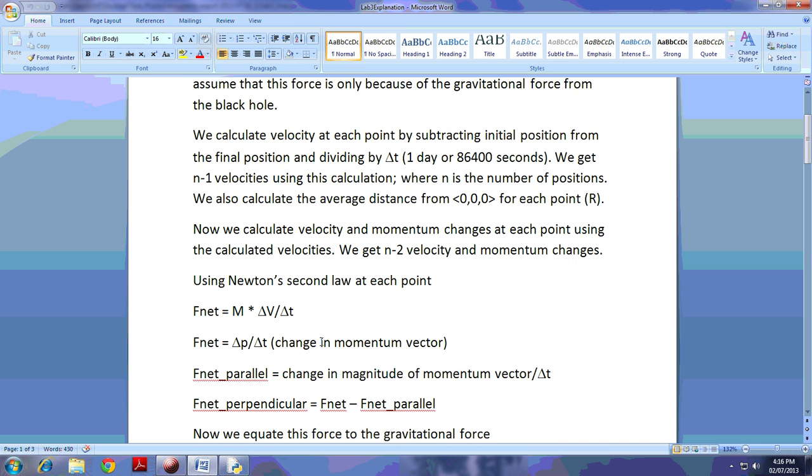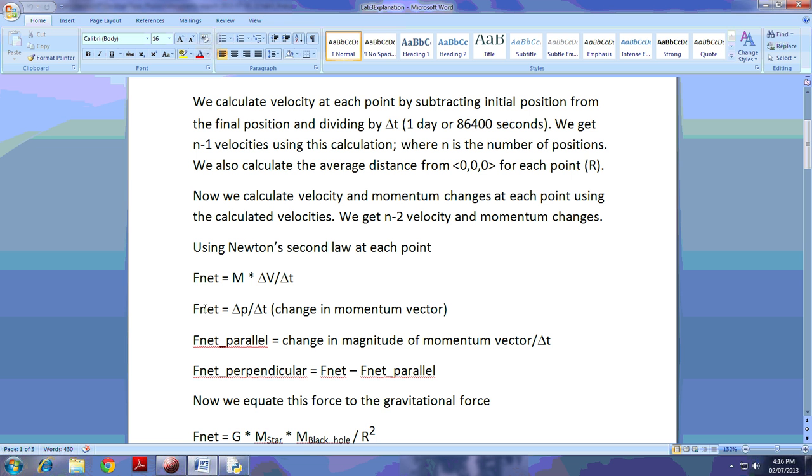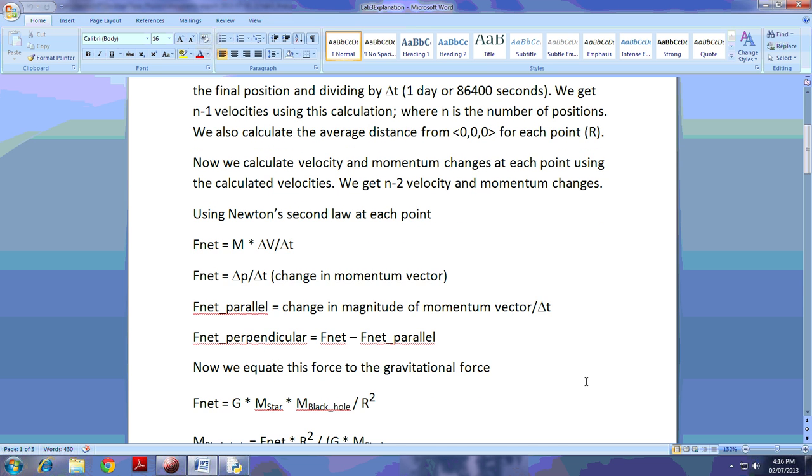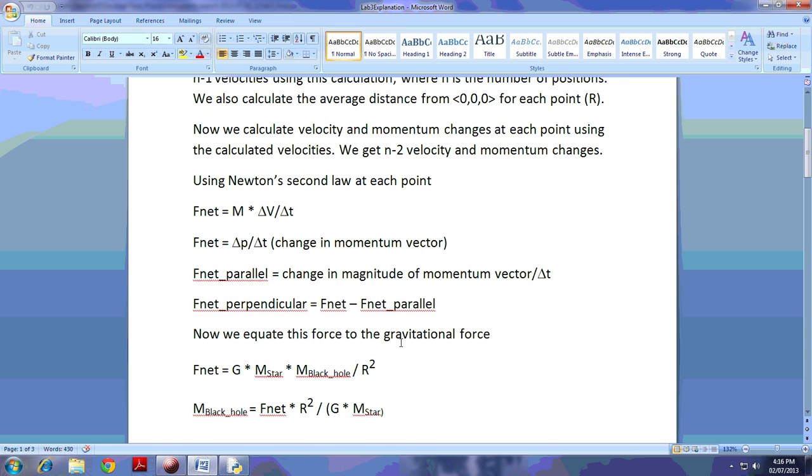Using Newton's second law, at each point, F-net is equal to the mass of the star multiplied by delta V over delta T. So F-net is equal to delta P over delta T, which is the change in momentum. F-net parallel is the change in magnitude of momentum vector over delta T, and F-net perpendicular is F-net minus F-net parallel. Now we can equate this force to the gravitational force.